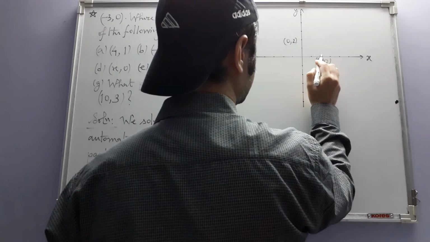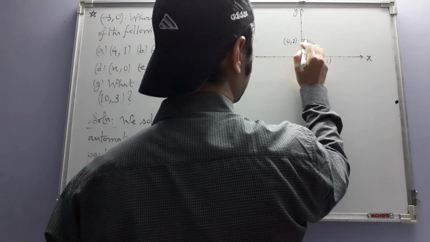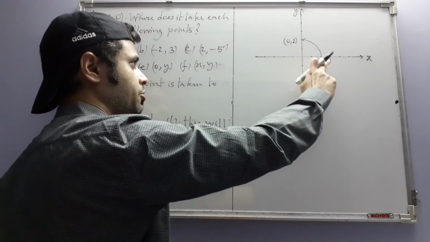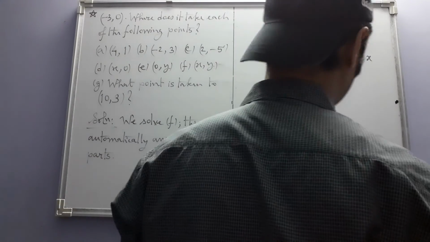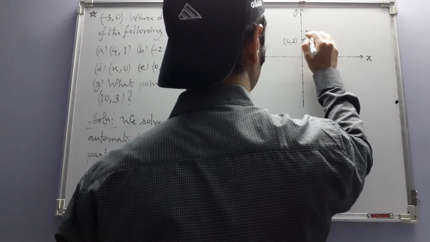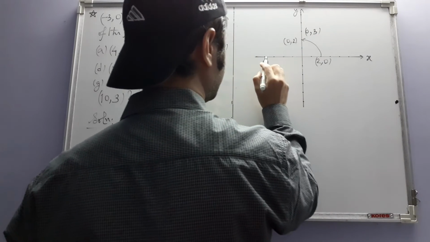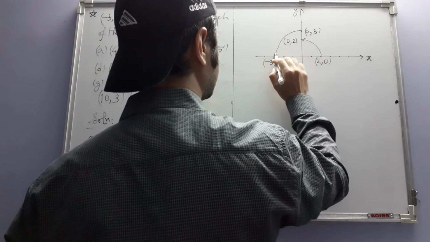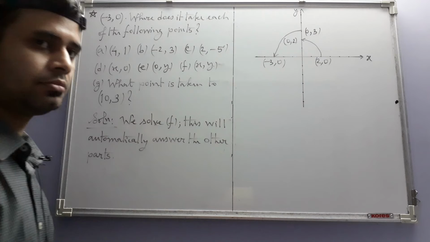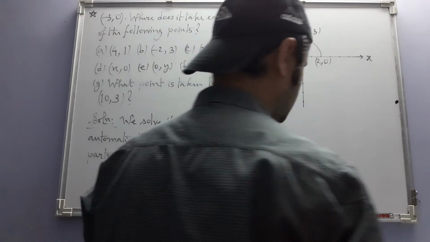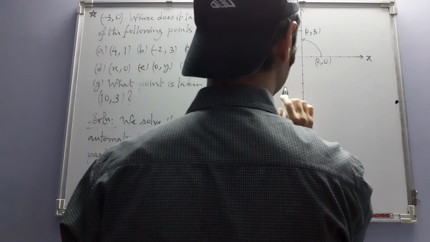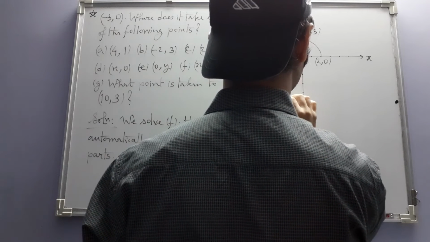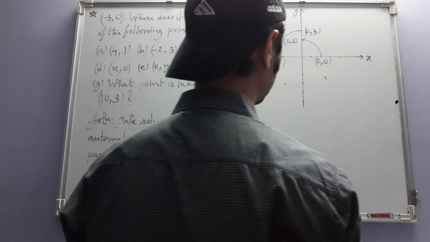You can clearly see it here. A 90-degree rotation in the counterclockwise direction takes this point to this point. Then 0, 3 is taken to -3, 0, and then minus 2 comma minus 3, that point is also taken somewhere.